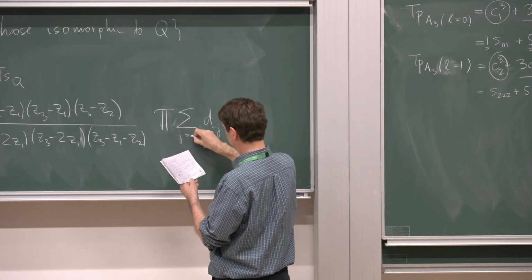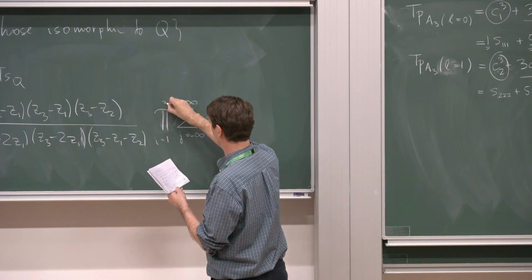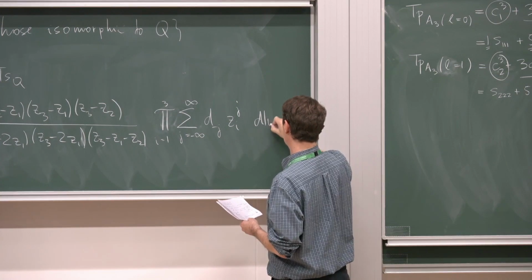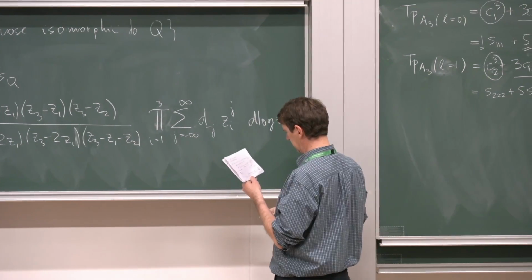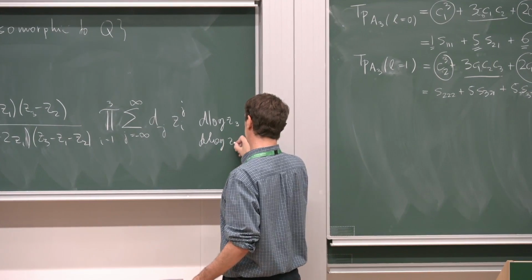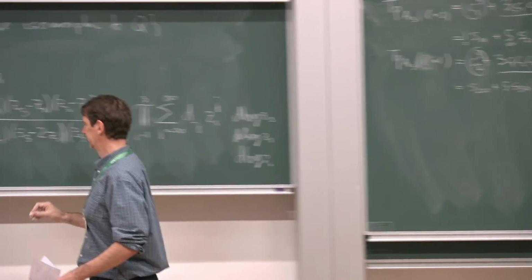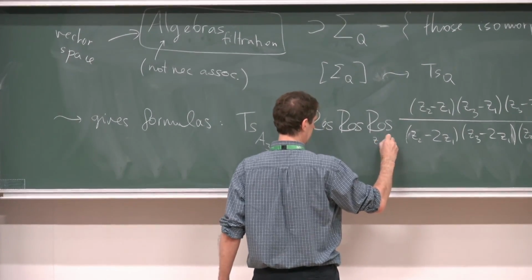J goes from negative infinity to infinity, I goes from 1 to 3, and D log Z3, D log Z2, D log Z1, and the residues are here at infinity.